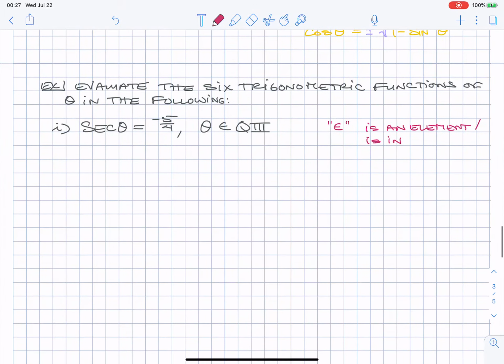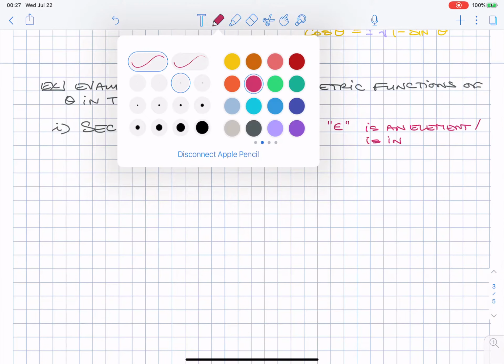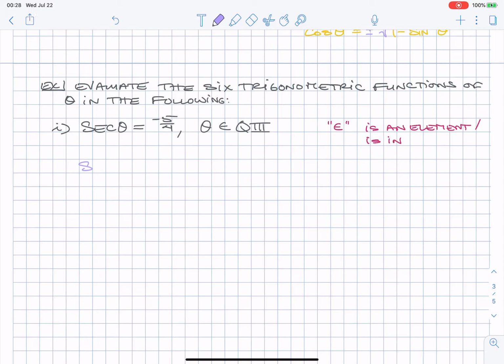Okay, so secant of theta is 1 over cosine of theta. That's one way of thinking about it. But cosine of theta is x over r, so this must be r over x.